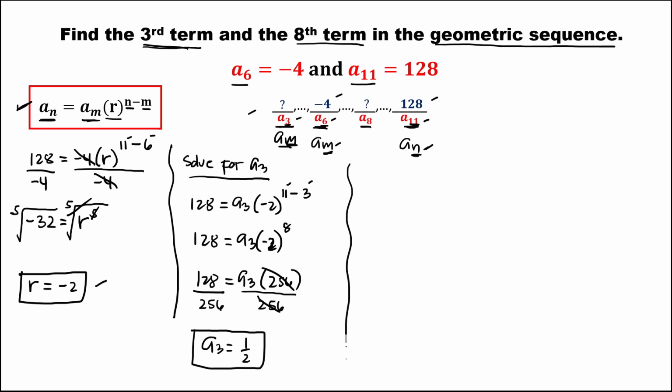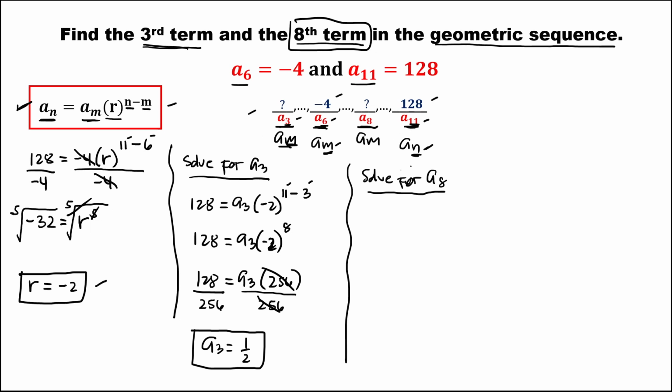Then to find the eighth term, again we use the same formula, but this time the eighth term becomes a sub m, and a sub n is always a sub 11.